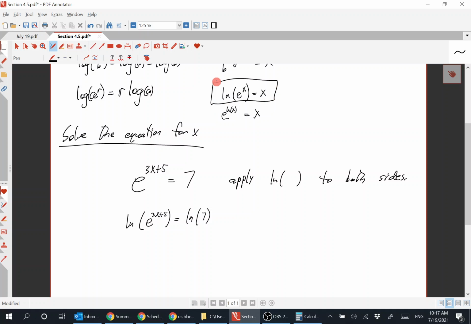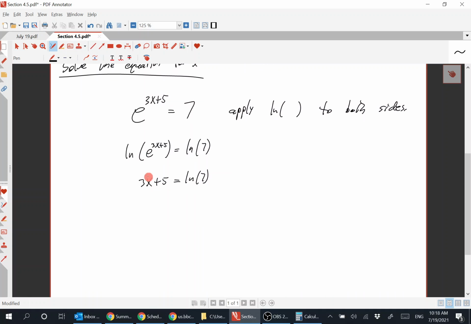But now this one comes into play: the natural log of e to the x is just x. So the natural log of e to the 3x plus 5 is just 3x plus 5, and the natural log of 7 is just natural log of 7. To get the x out of the exponent, we apply natural log to both sides, and the natural log and the exponent just cancel each other out, leaving 3x plus 5.